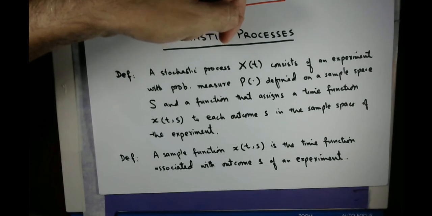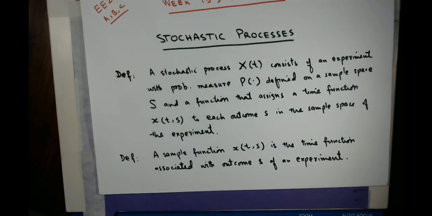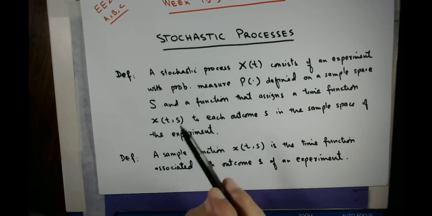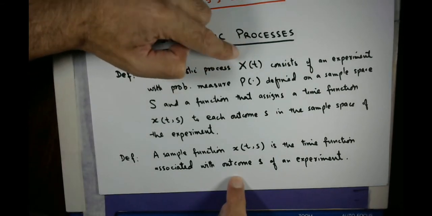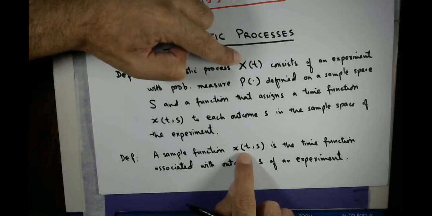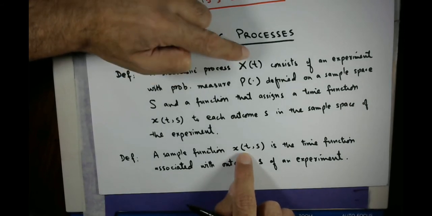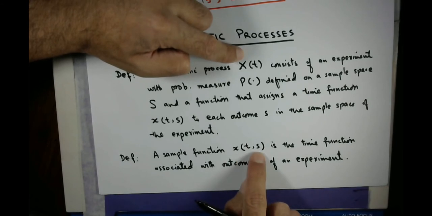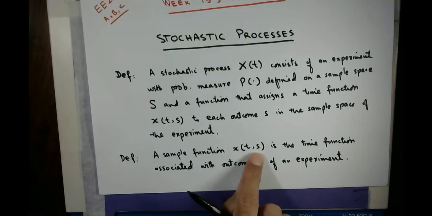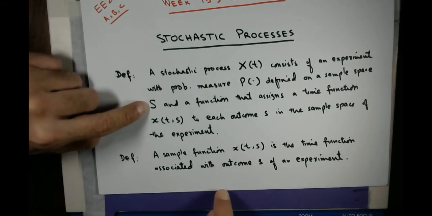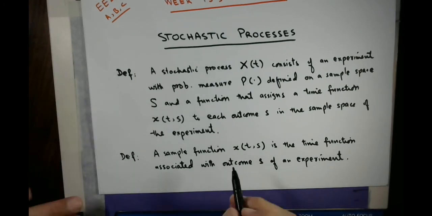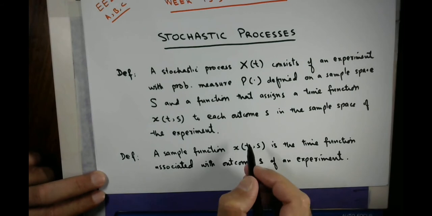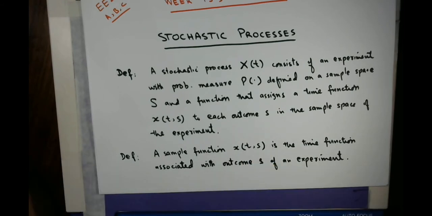As you have random variable capital X and then you have small x, which are the samples from that random variable, similar is the case with the process. Capital X of t is the process and small x of t is the sample function, one of the sample functions in this process X. And s basically indicates to which sample from the sample space this x of t is associated.